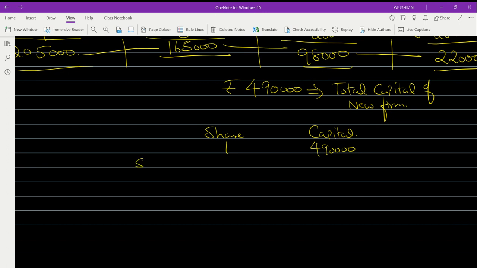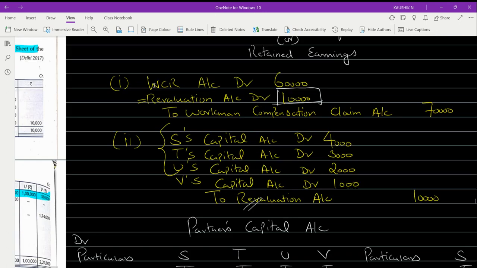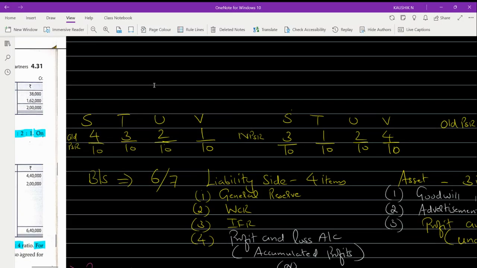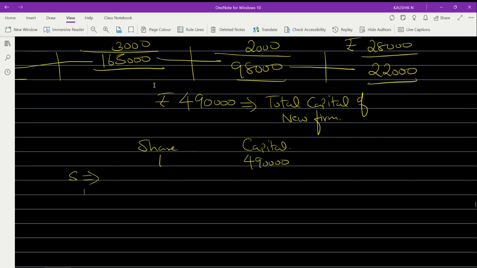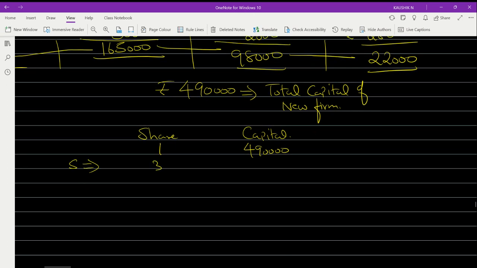That is for Yes. What is the new share of Yes? As per the question, it is 3 by 10. If 3 by 10 is your share, how much should you have as capital? Cross multiply. So 4 lakh 90,000 into 3 by 10 divided by 1.